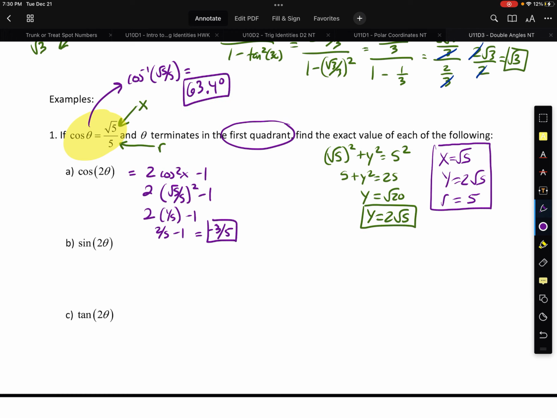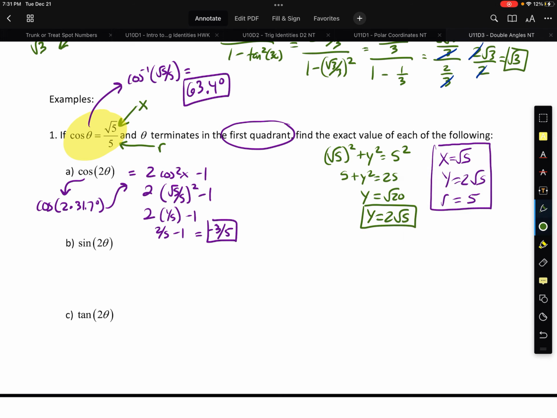So really, what we're doing here is we're solving for 63.4 degrees. But what we do is cos of 2 times, in this case, 31.7 degrees. And that's what's going on here. But we don't need those angles. We cut those angles out of the scenario and just move forward. Okay.